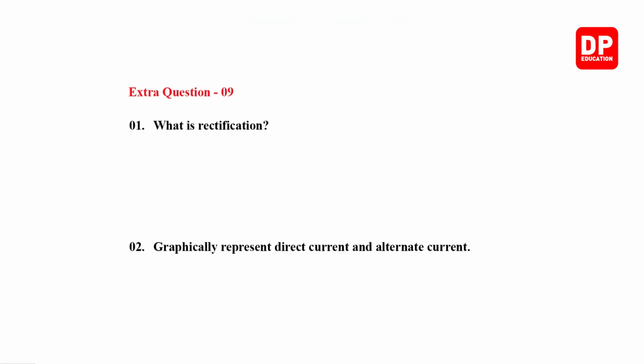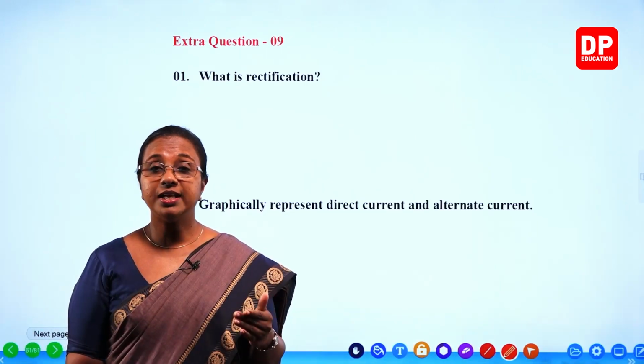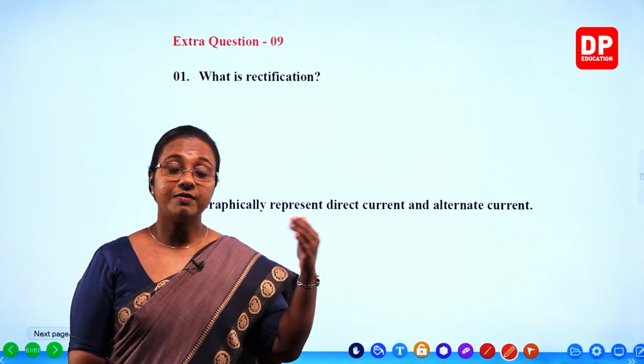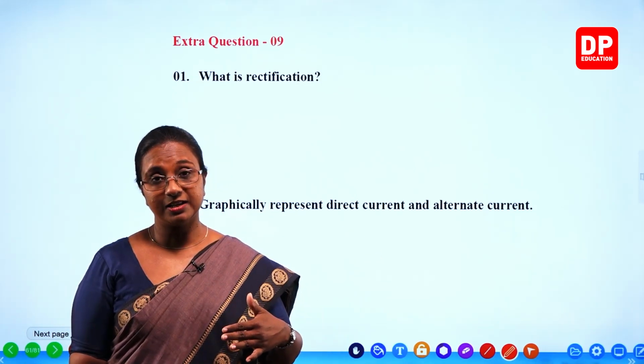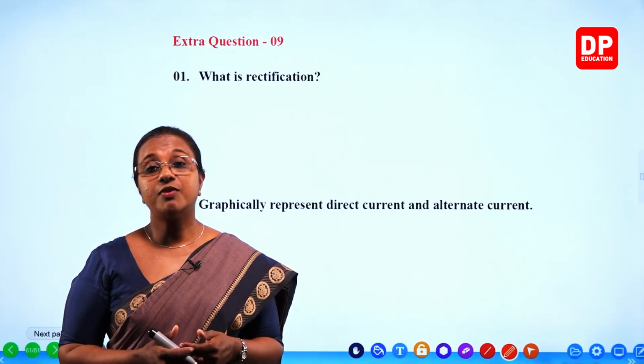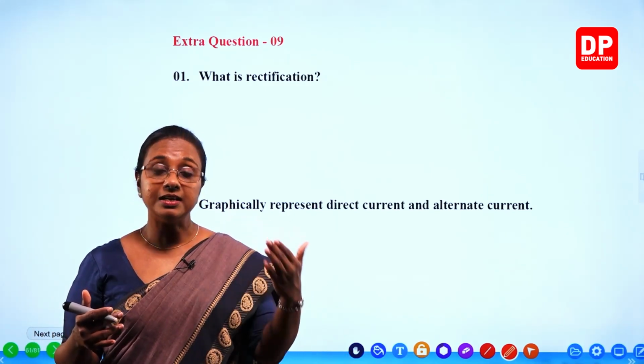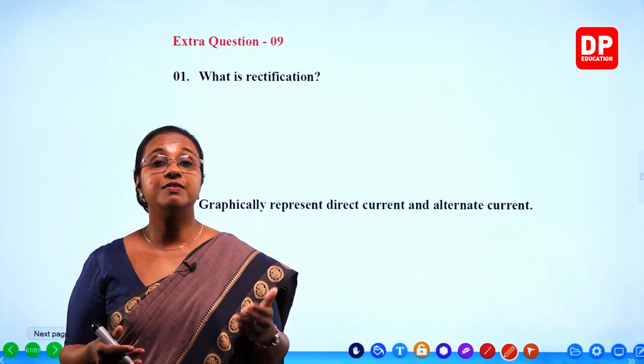Extra question 9. The first one, what is rectification? Now you all know, you are familiar with alternate current and direct current. Alternate current, the direction of the current varies with time. So you have the positive current and negative current. If the frequency of alternating current is 50 Hz, in 1 second the direction of the current will change 50 times.